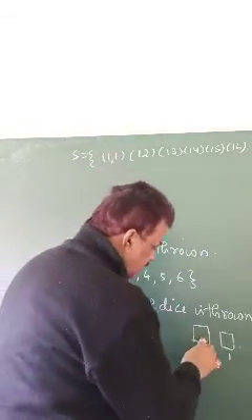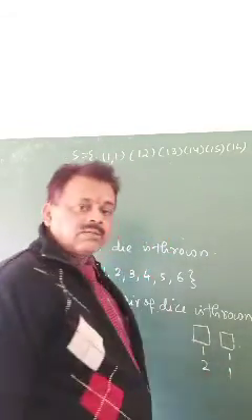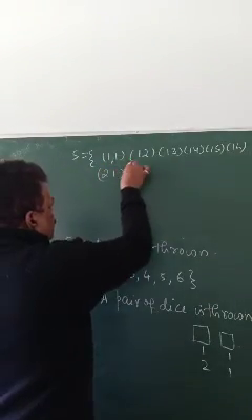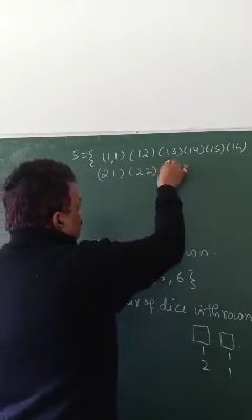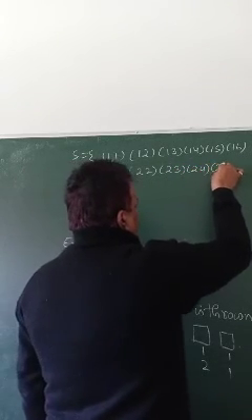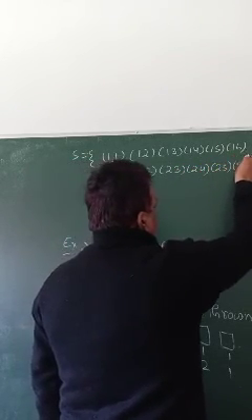If the first die shows 2, it would be 2, 1 also. So it will be 2, 1, 2, 2, 2, 3, 2, 4, 2, 5, 2, 6.